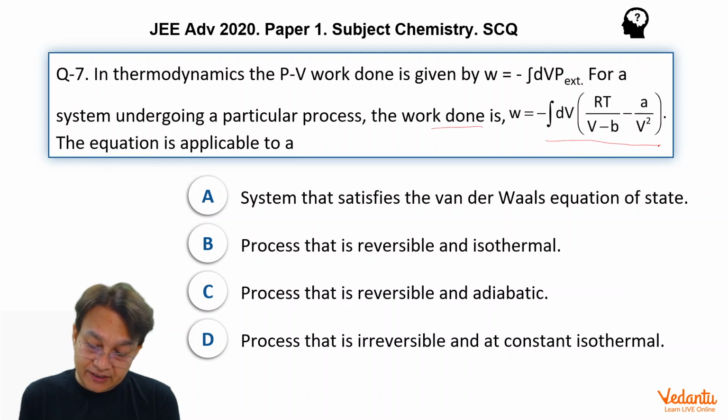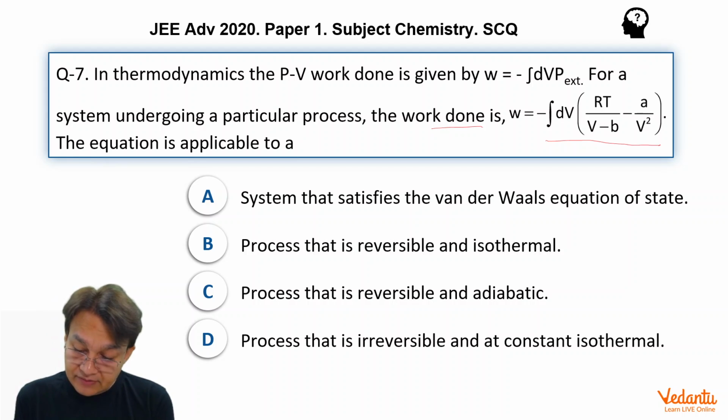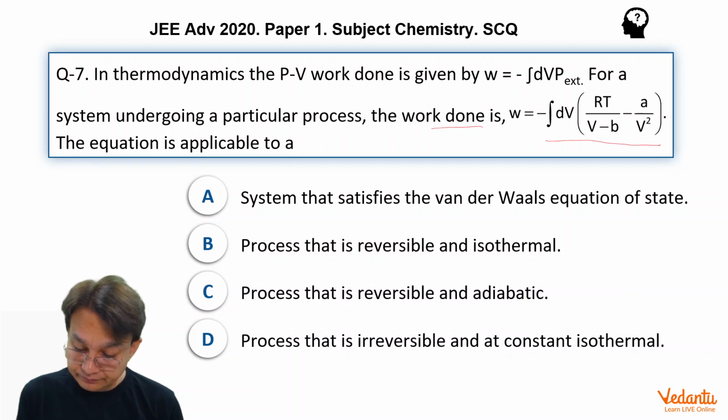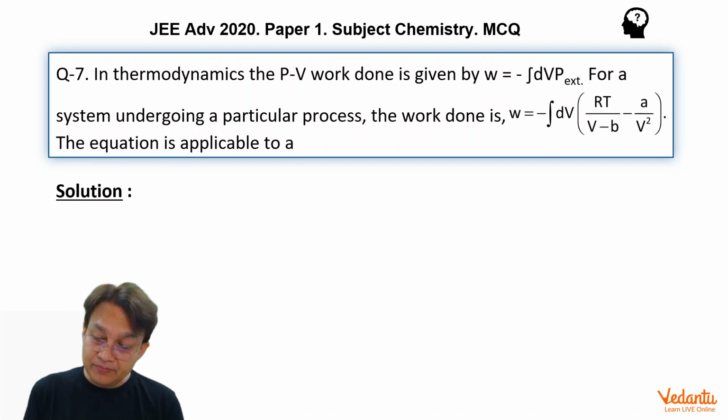The equation is applicable to this multiple choice problem: a system that satisfies the van der Waals equation of state, a process that is reversible and isothermal, a process that is reversible and adiabatic, and a process that is irreversible and at constant temperature, that means isothermal. So the idea in this problem is that we have to see which option is correct.